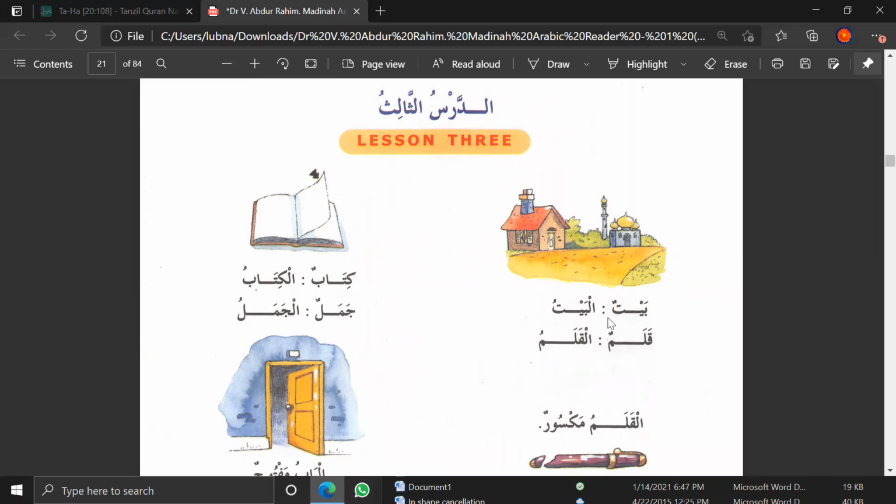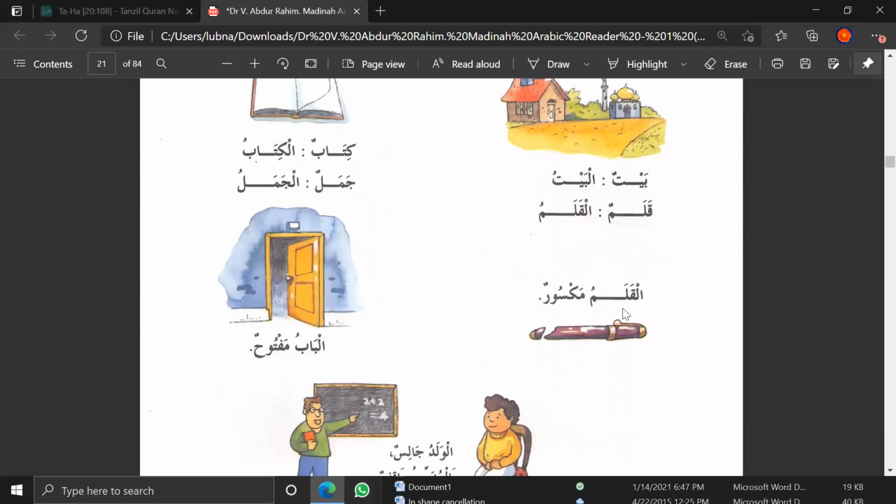Da makes al or da makes a noun proper, and the meaning goes away. Yes, very good. And when do you say that a sentence is complete?